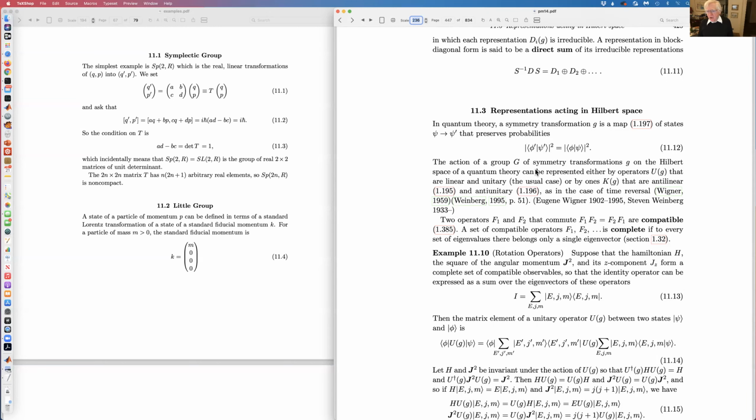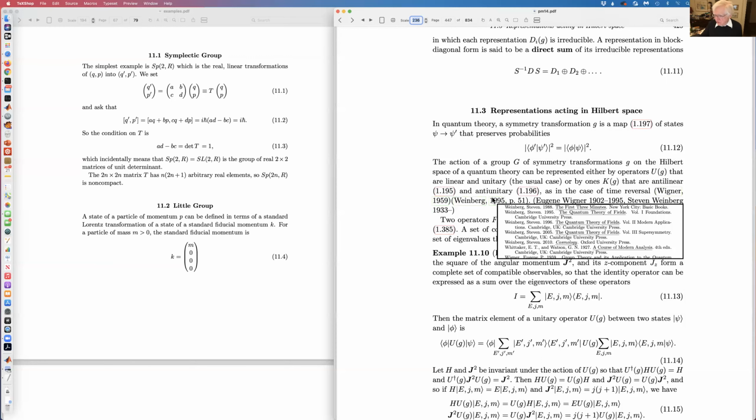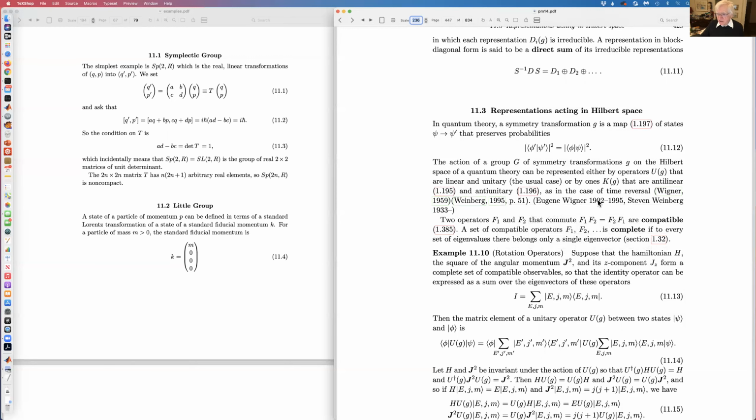Now, long ago, back in, I think, the 1930s, while he was still in Germany, Wigner showed that symmetries in quantum mechanics can be represented either by unitary operators, that is to say, operators that are linear and unitary, or spooky operators that are antilinear and anti-unitary.